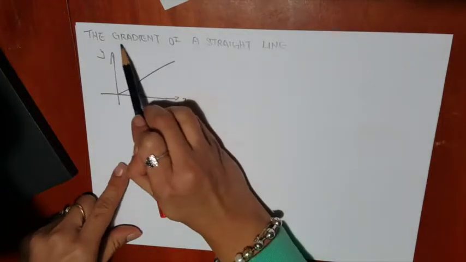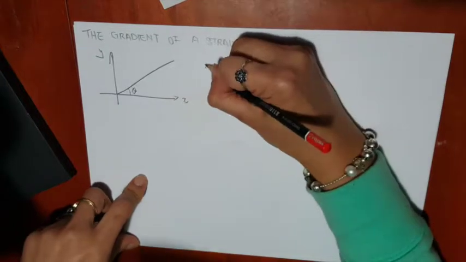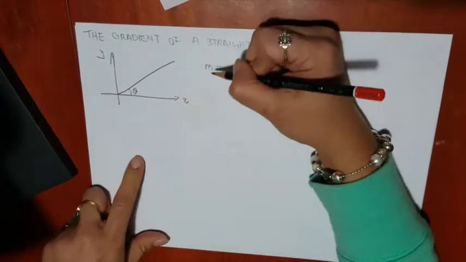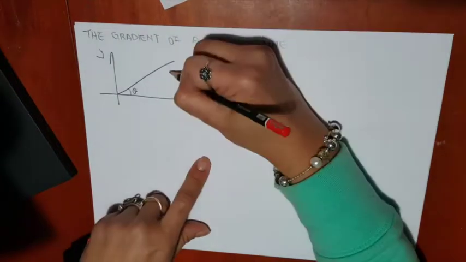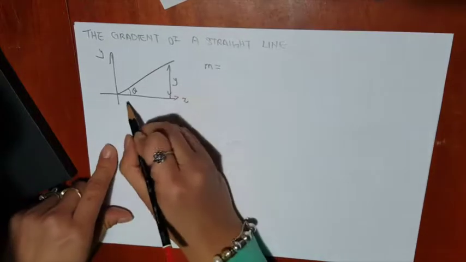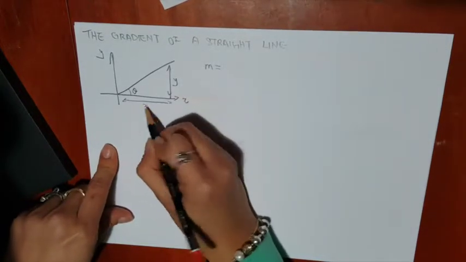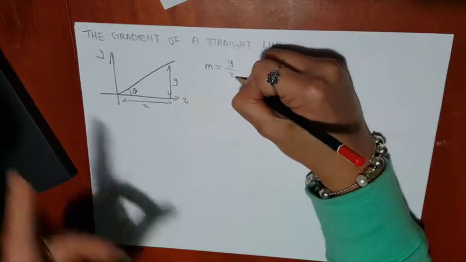Going back to this one, if we are talking about a gradient of a straight line, a gradient is always represented as an m, and we know that the gradient is always the rise over run. So in this case, it is the rise, which is the y, over the run, which is the x. So it's kind of like y over x as mentioned just now.